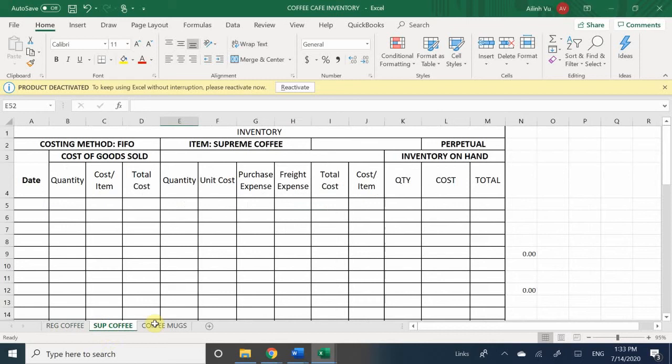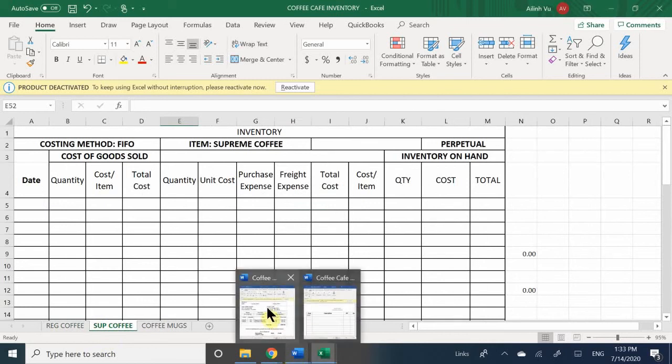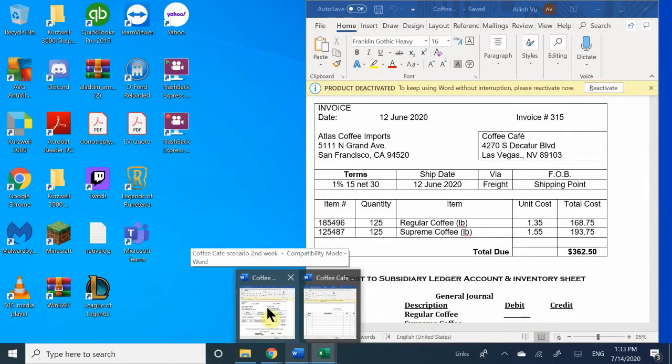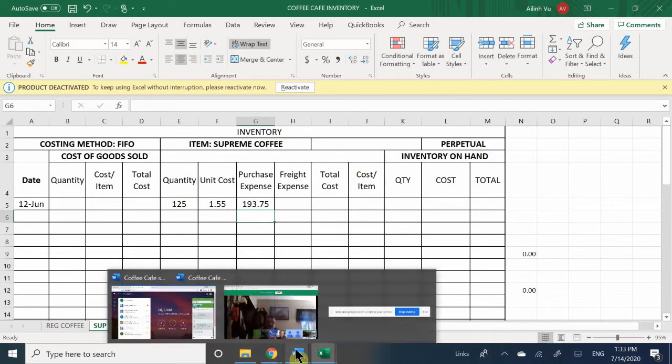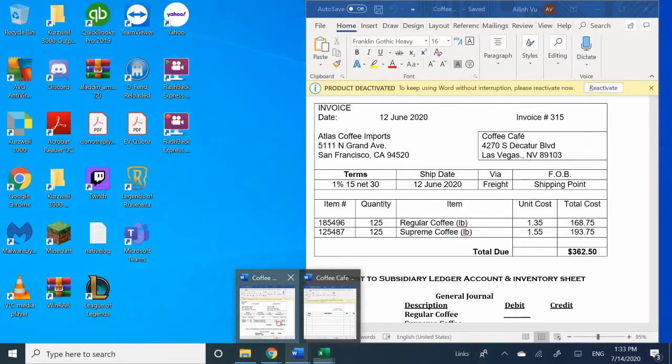And then for my Supreme Coffee, I believe it says that we got 125 pounds at $1.55 each. So the date is 6/12. We got 125 at $1.55, which should give us a total of $193.75, which is exactly what we have recorded on our scenario right here.